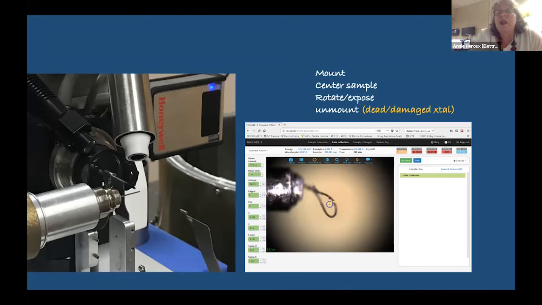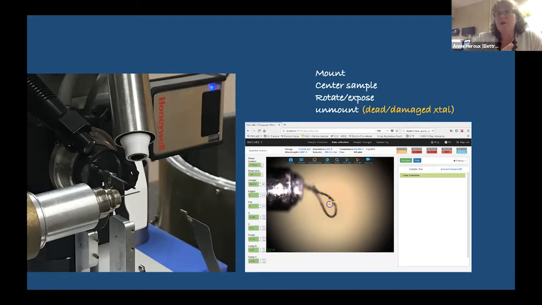So we went through the last 15 years from a data collection that would take 3 to 12 hours to a data collection that takes only 1 minute. We went from being able to collect a full data set by exposing 20, 40 crystals to now being able to collect everything in 1 minute.